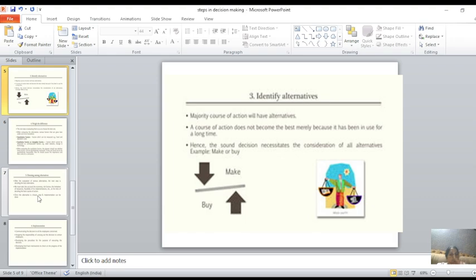Hence, sound decision necessitates the consideration of alternatives. For example, we are going to buy or we are going to sell. So we have a plan B for every action.